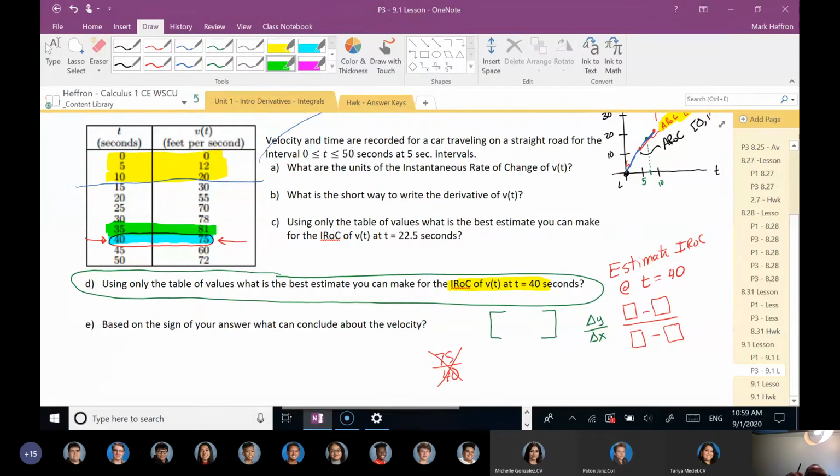What's the time right after 40? 45. Beautiful. So that would be the interval we would look at. We'd look from 35 in the X to 45 in the X. Those numbers would be in our denominator.